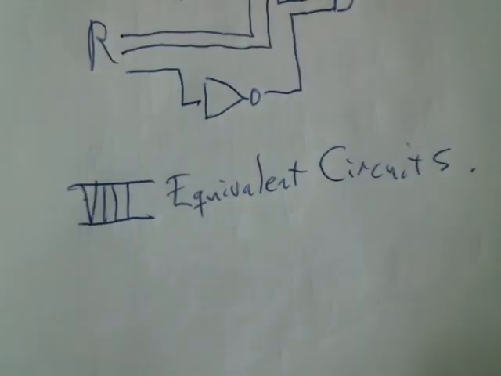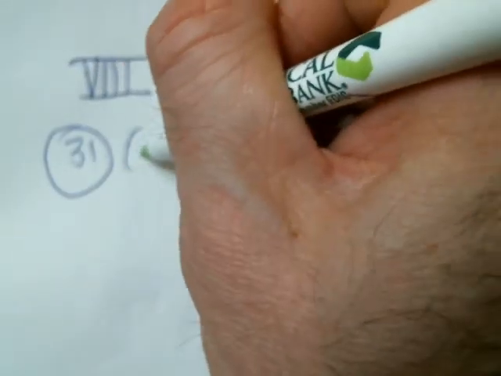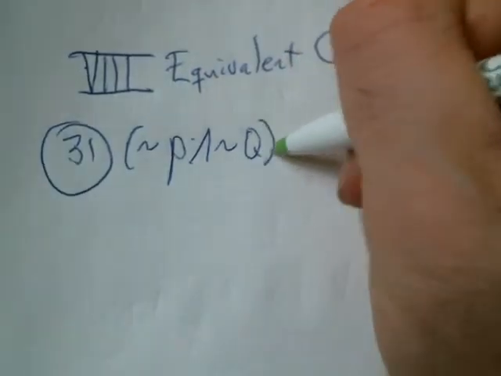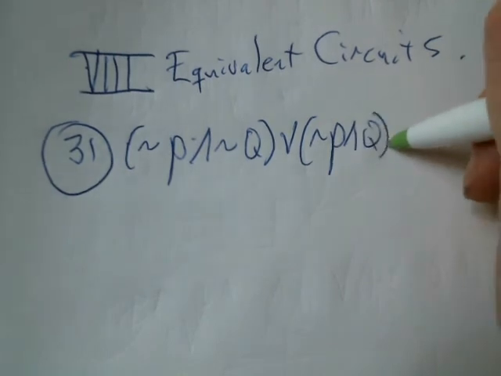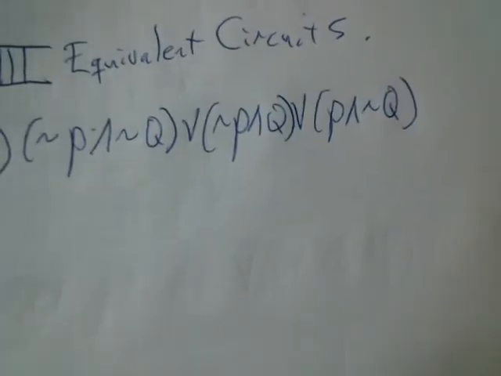Okay, so equivalent circuits. So 31, they give you this mess of a circuit, and they're hoping you can rewrite it. So we have not P and not Q, or not P and Q, or P and not Q. All right.